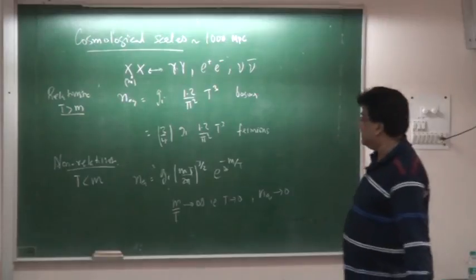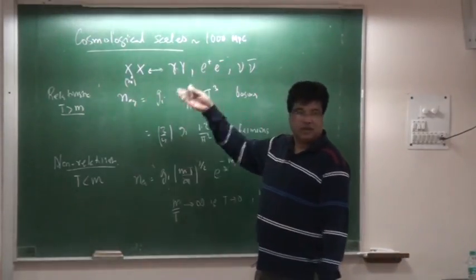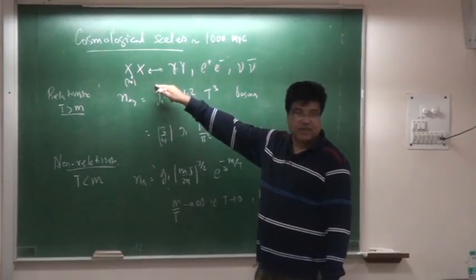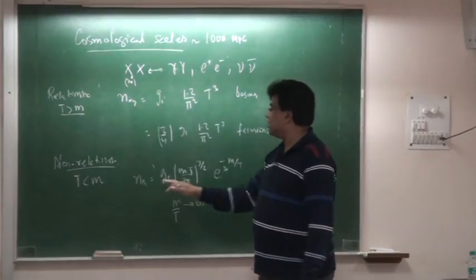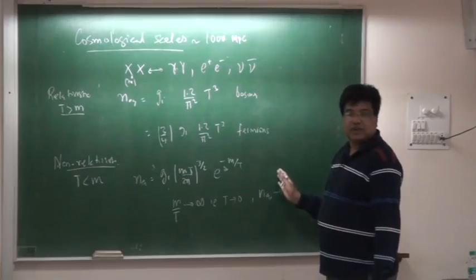What will happen is that as the temperature goes down, more and more light particles will be generated. So all the equations will go one way, not the other way. There will be exponential depletion. At some point the particles will become 0.